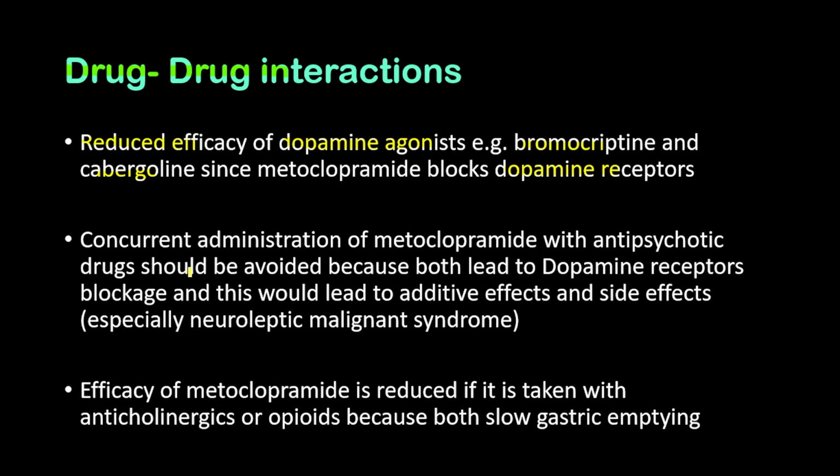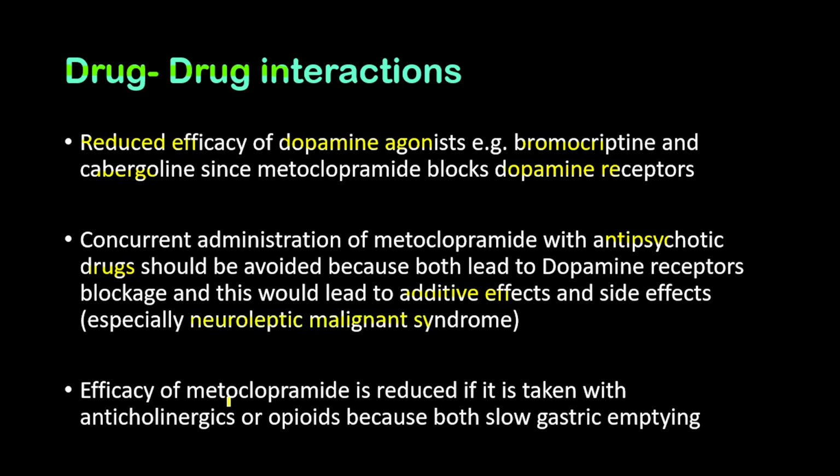And also, concurrent administration of metoclopramide with antipsychotic drugs should be avoided because both lead to dopamine receptor blockage, and this would lead to additive effects and side effects. And especially these patients are high risk for a neuroleptic malignant syndrome.